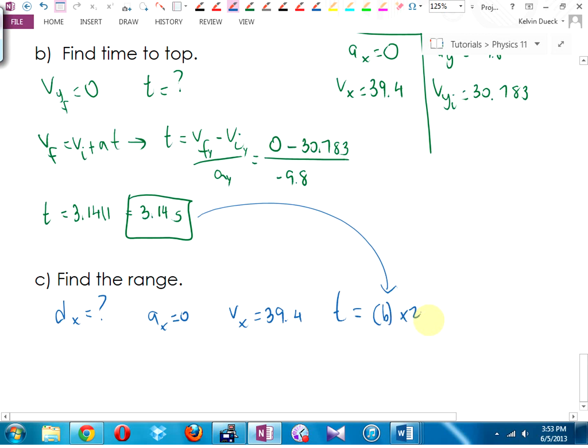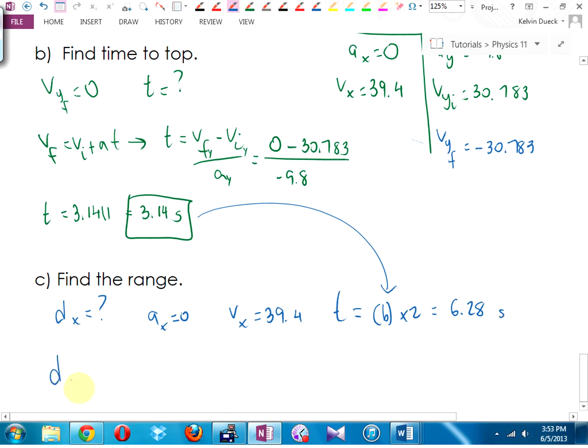Or if you didn't trust that answer, you could find total time of flight by letting vy final be negative 30.783 and then use this same equation. And you'll also get 6.28. Let's use b times 2 in the interest of time because you guys get a little squirrely on me. So it's going to be 6.28 seconds, 3.14 times 2.